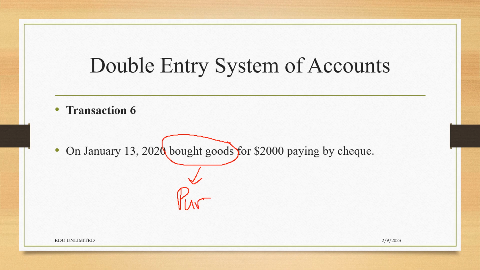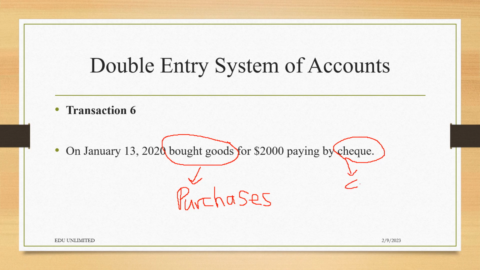And the other account concerned, once we see the term check, we know that it is cash at bank. So we circle check again, and we know that this is cash at bank.